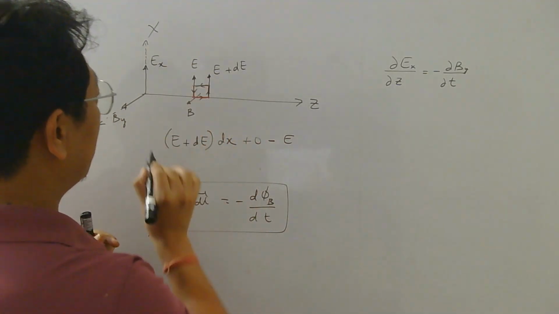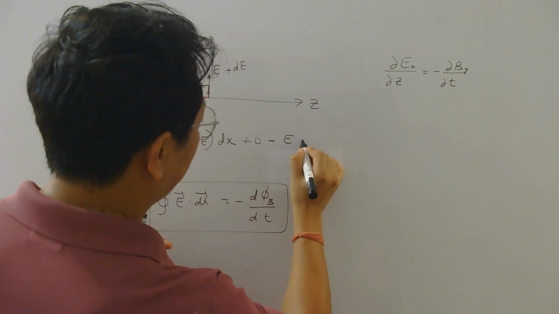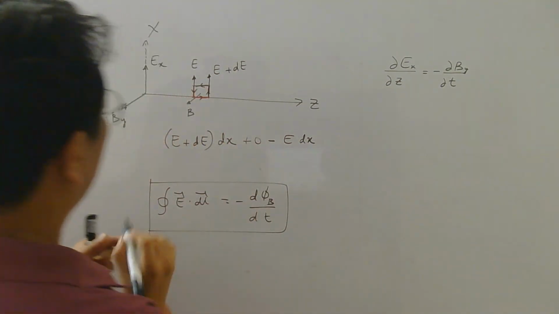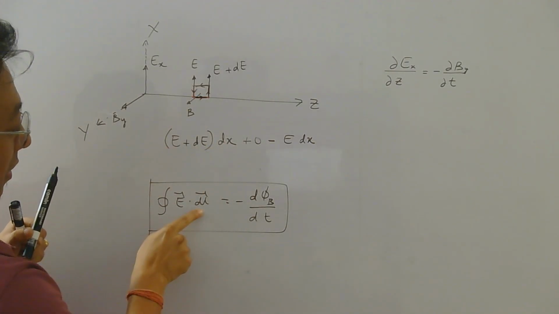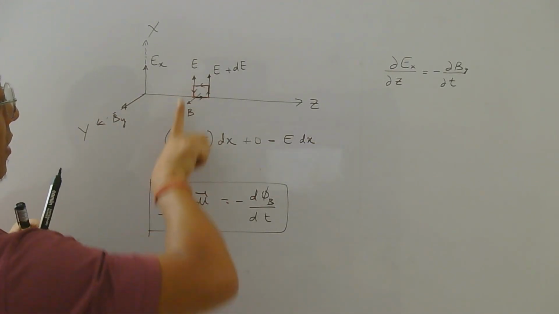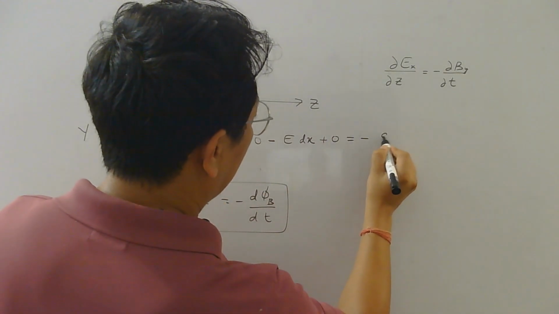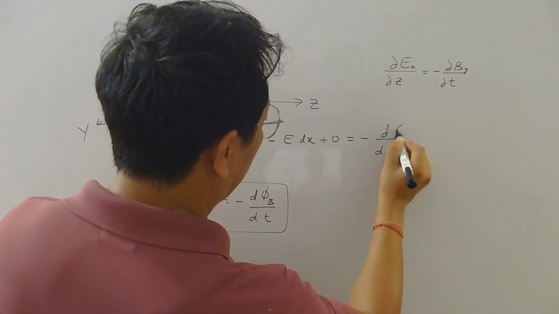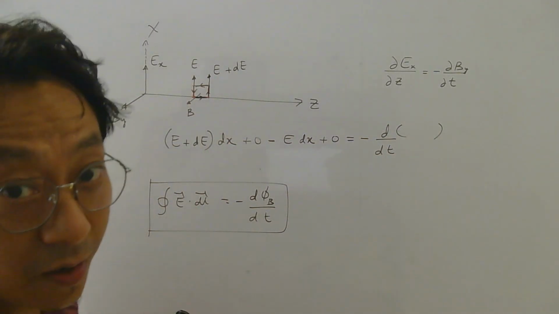Magnitude of electric field is E, and this length is dx. And again for the last, the bottom part here, dl is along the loop, electric field is here, so perpendicular, dot product will be 0. And that will give me rate of change of magnetic flux passing through this surface at a given moment.